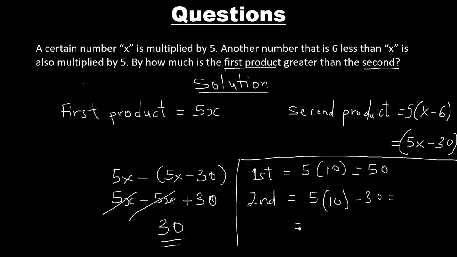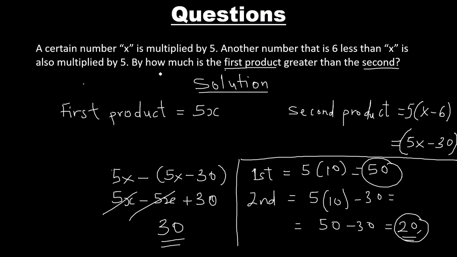So 5 times 10 is 50, minus 30 gives us 20. Good. So that means the second value is 20 while the first value is 50.